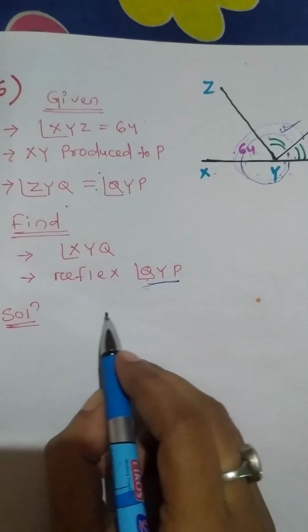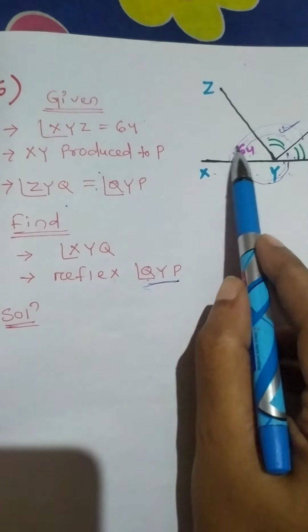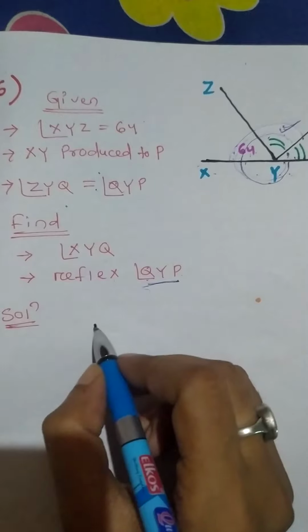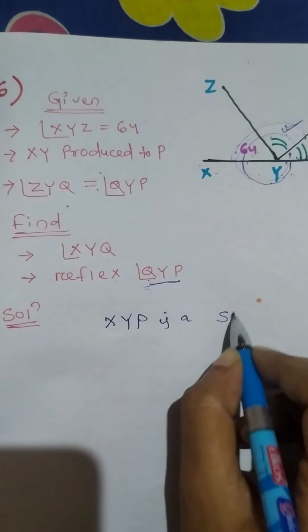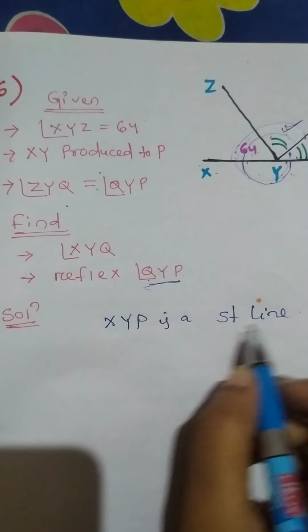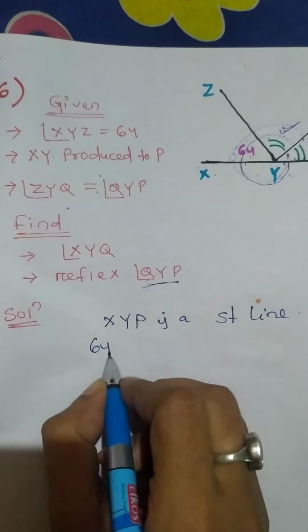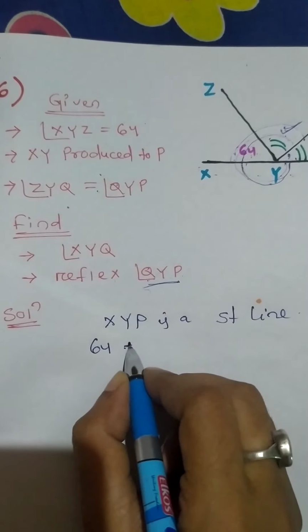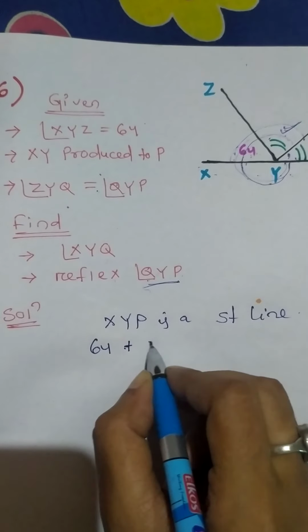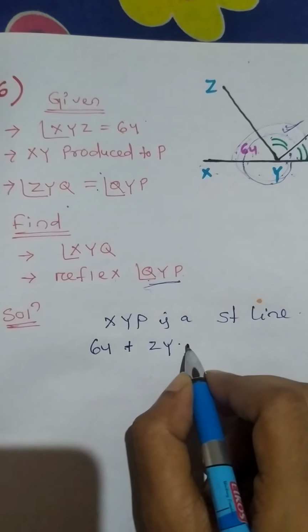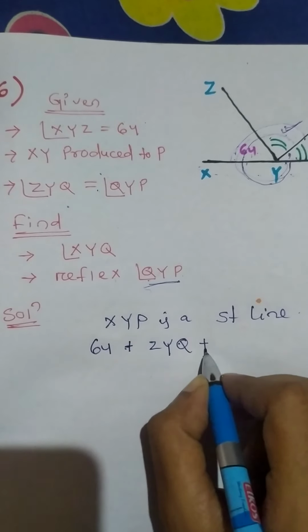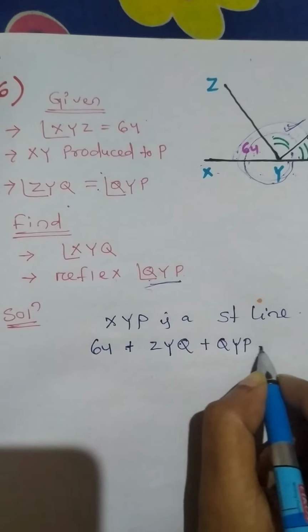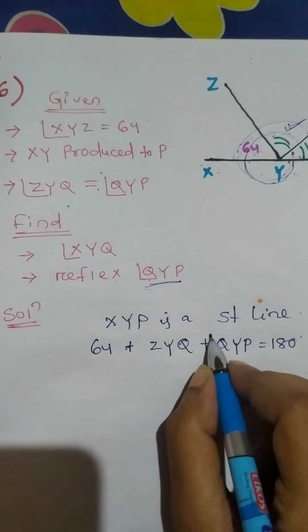So let's start our solution. This is a straight line. XYP is a straight line. So angle sum must be equals to 180 degree. So 64 plus ZYQ plus QYP is equals to 180 degree.